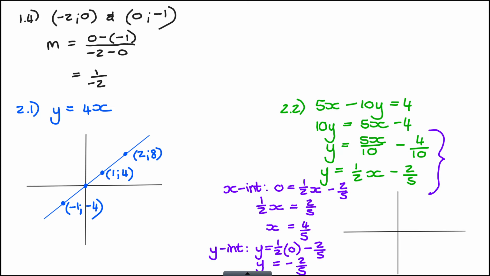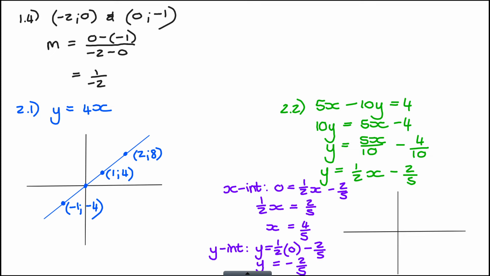Ek wys dit vir jou want baie keer vra hulle jy moet dit los in die vorm y is equal to what. So then this part is important. Okay. But in this question they just asked me to sketch it. So technically you could have left out those two. So when do you add that from? When they ask you to leave your equation in the form y is equal to something.